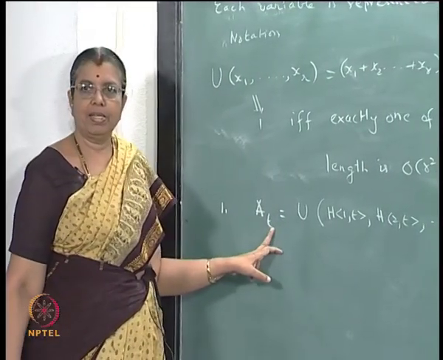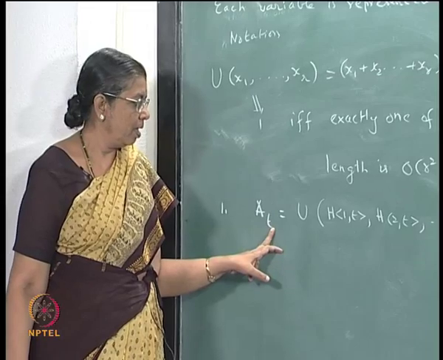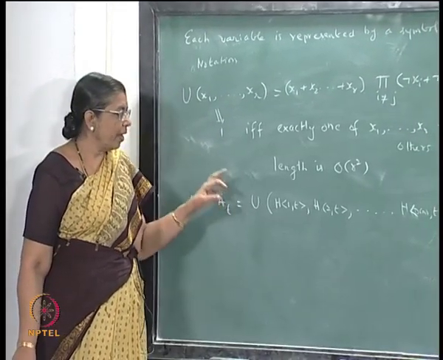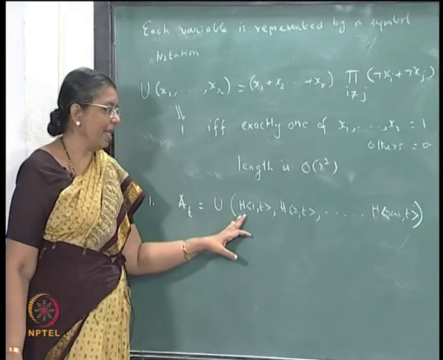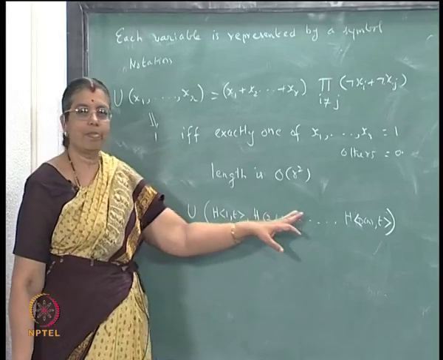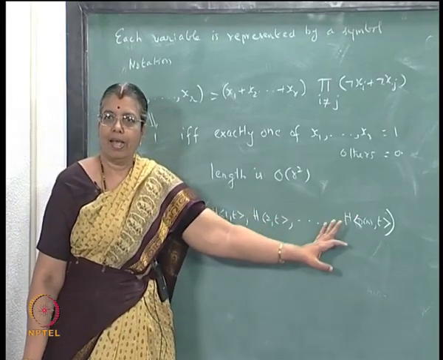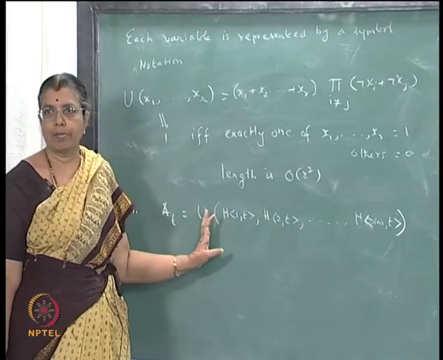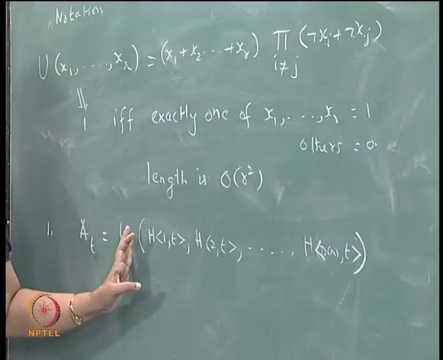What does that mean? U is this expression, right. The head will be scanning only one cell at a time, so only one of the variables has to be 1 and the rest of them have to be 0; only then will this become 1.